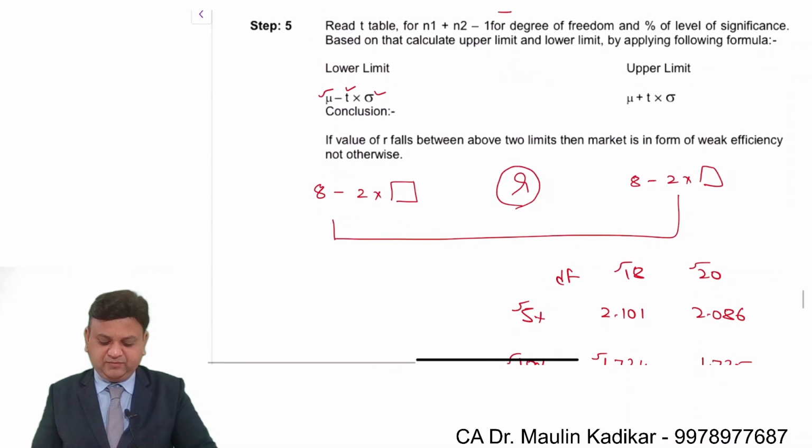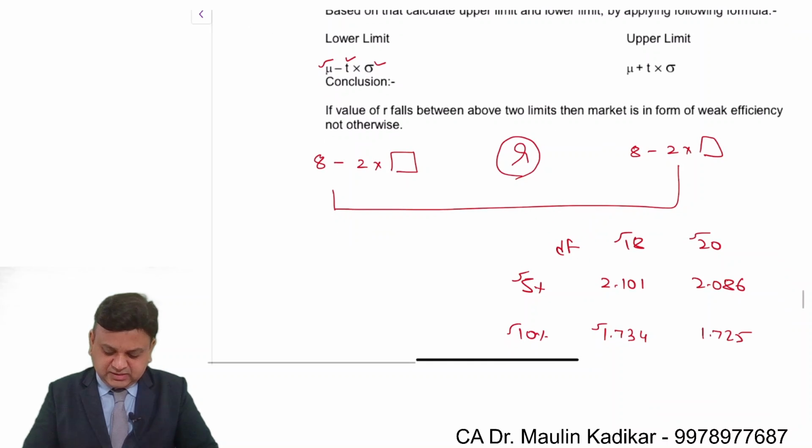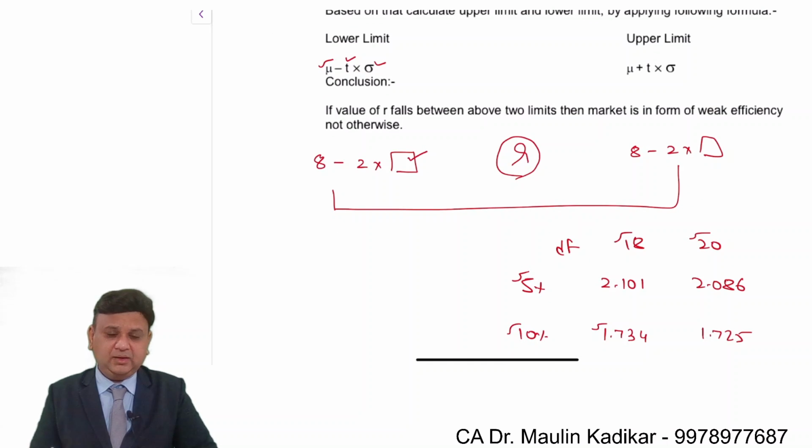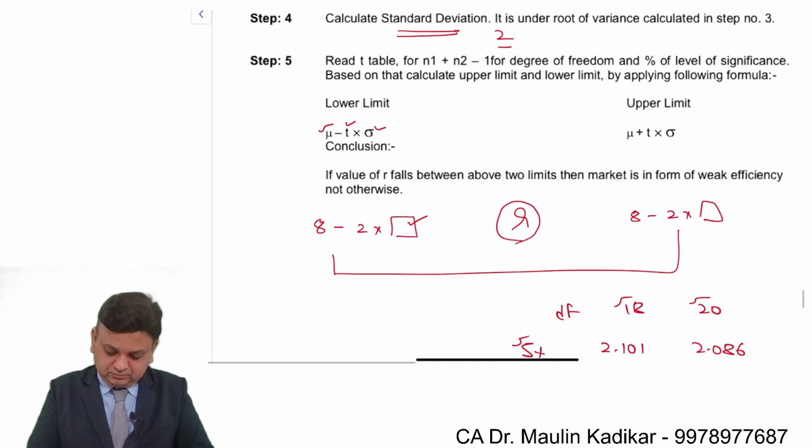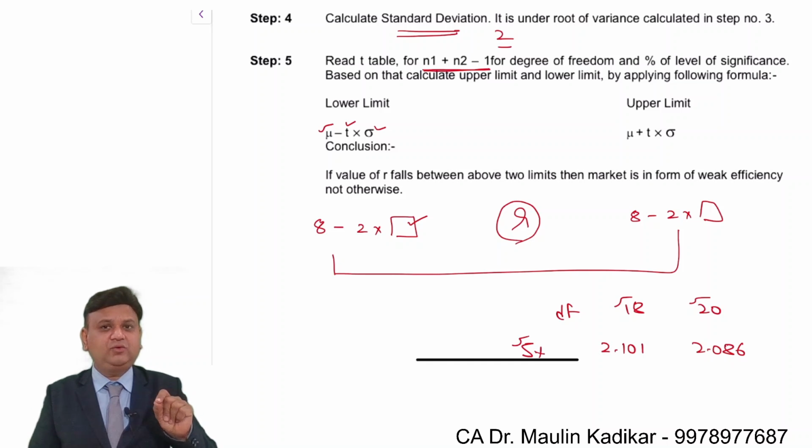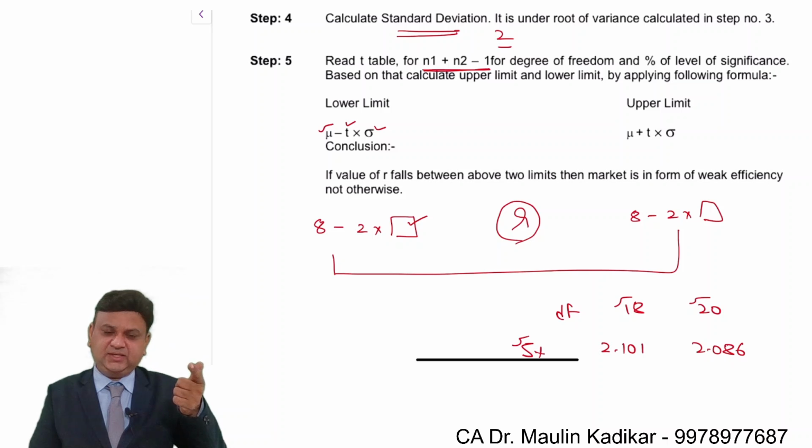Friends, over here we are required to refer the T table reading for a value which is N1 plus N2 minus 1. N1 is number of times price increases, N2 is number of times price decreases.